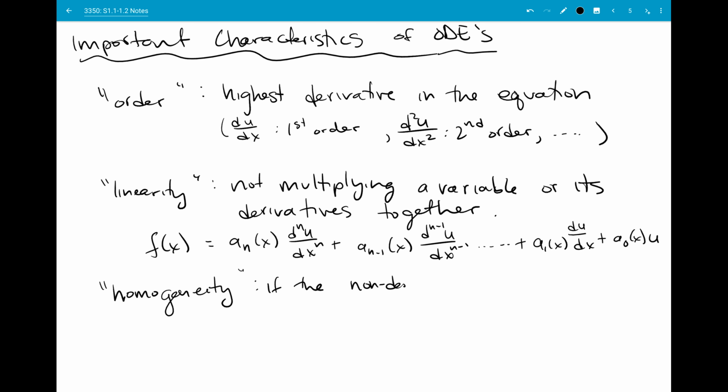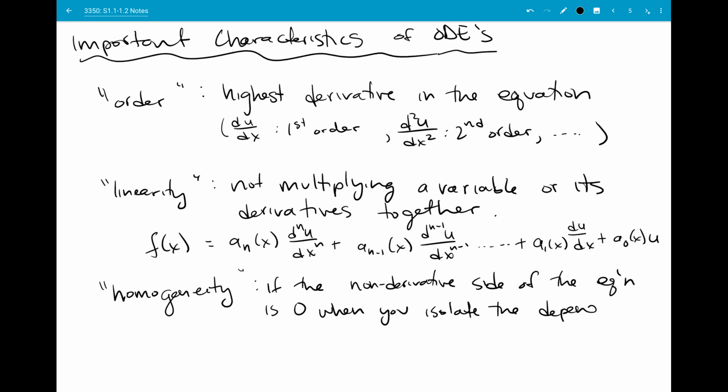But if the non-derivative side of the equation is 0, when you isolate the dependent variable and all its derivatives on the other side.